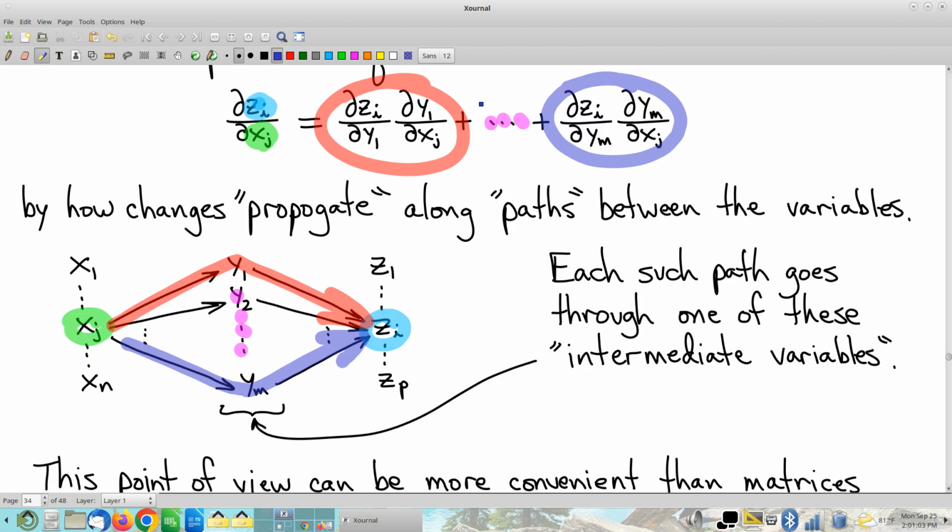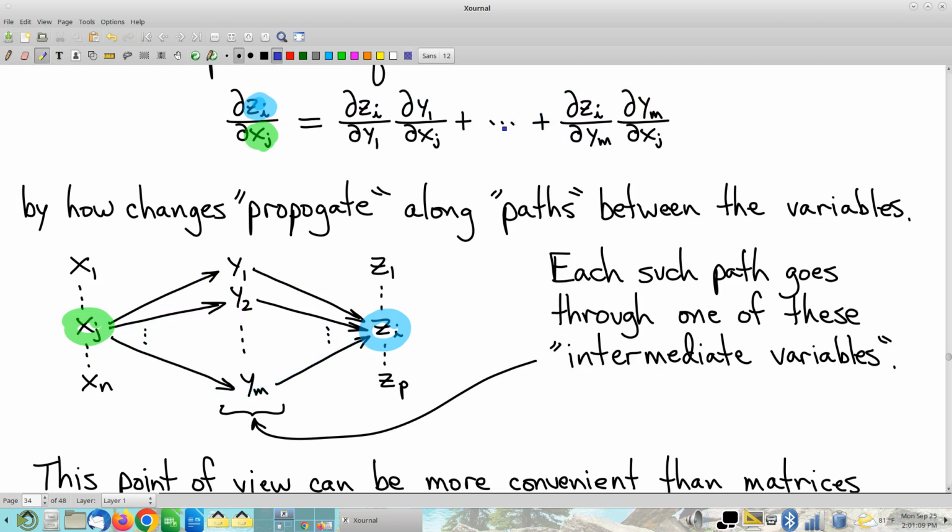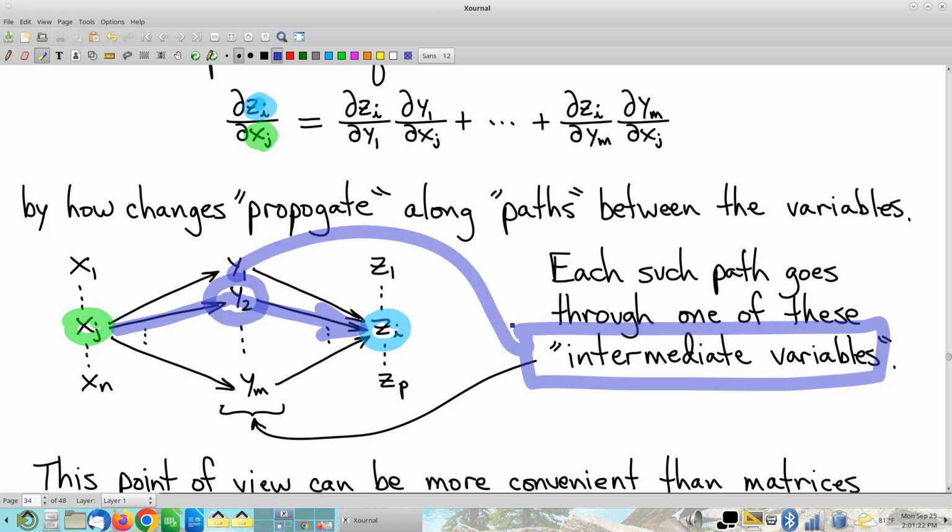And the clever observation, I think, is that not only does each path correspond to a term, but each path corresponds to one of these variables that we call intermediate variables. It's one of the variables that's in between. It's not one of the original inputs, and it's not one of the eventual outputs. Each path that goes from xj to zi has to go through exactly one of these intermediate variables.